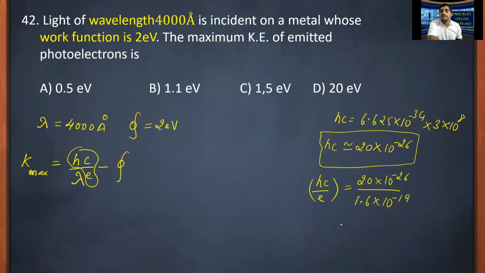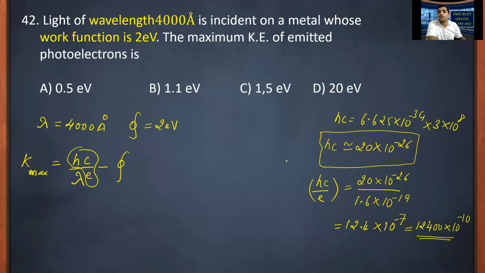So now if you divide 20 by 1.6, it almost comes to be 12.4 into 10 to the power minus 19 goes up, it becomes 10 to the power plus 19. So plus 19 means it remains with 10 to the power minus 7. So if we write this in terms of 10 to the power minus 10, it is better for substitution. So this I can write as 12,400 into 10 to the power minus 10.